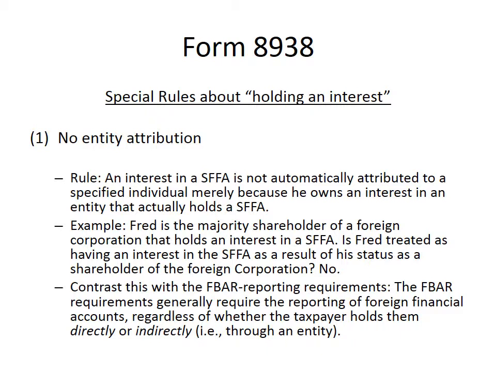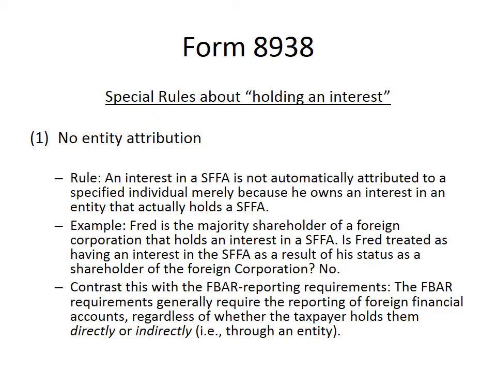So here's the rule for entity attribution. An interest in a specified foreign financial asset is not automatically attributed to a specified individual merely because he owns an interest in an entity that actually holds a specified foreign financial asset. I'll say that again.